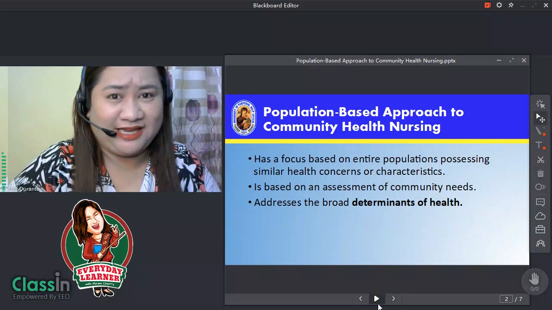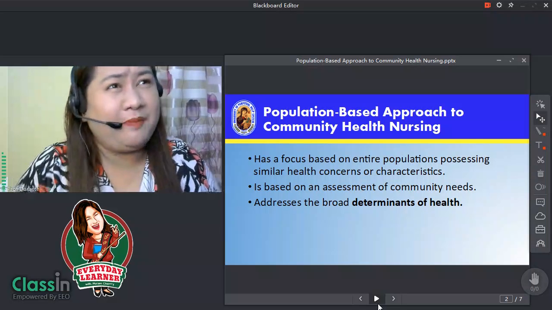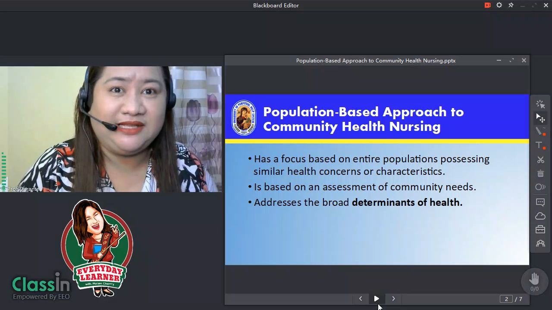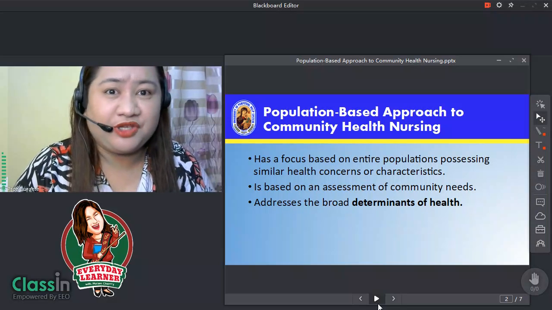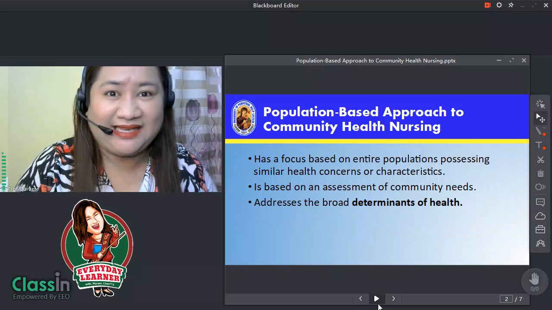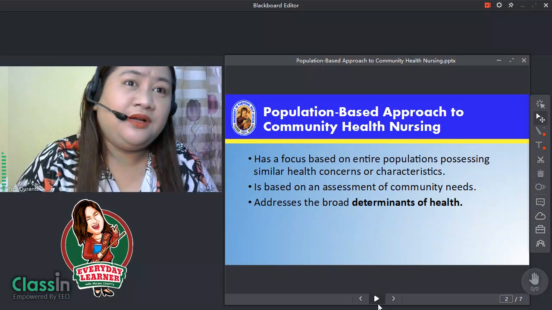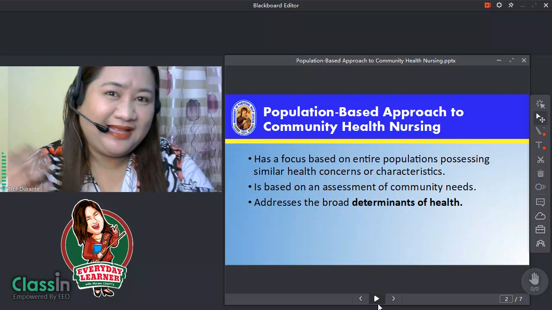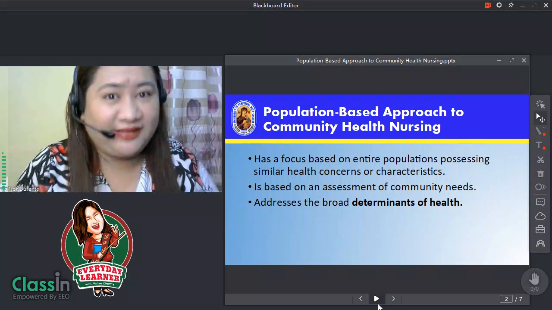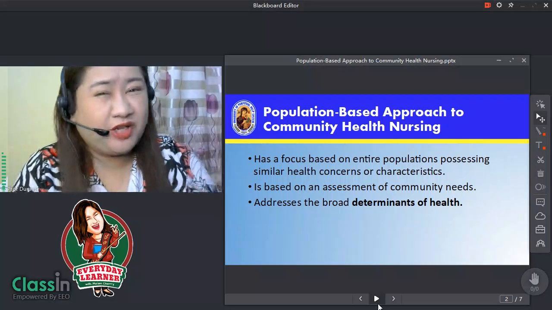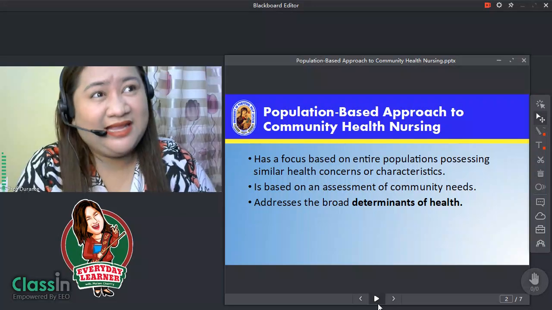concerns or characteristics. Now, when you talk about the population or your community, there are similarities in terms of your characteristic as a community. So, because of that, you can get, let's say, a sample of that community to represent the entire population. Okay, because of the similarities in characteristics.